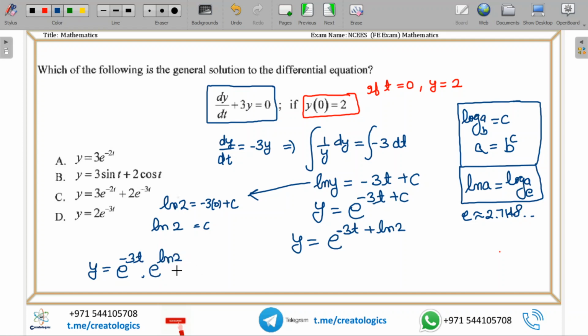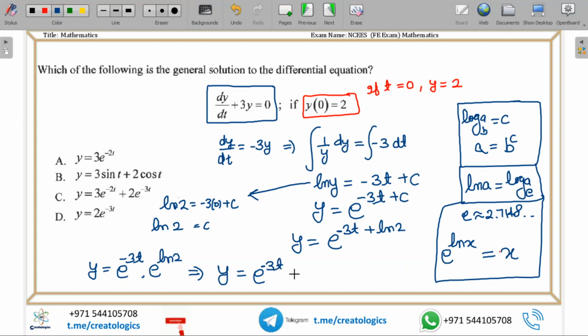The value of e to the power ln 2 is nothing but 2, using the property of logarithm, which says e to the ln of x is equal to x itself. Here x is 2. So the solution is y is equal to e to the negative 3t times 2. If you look at the options, option D is the only correct answer. So that is the solution for our question.